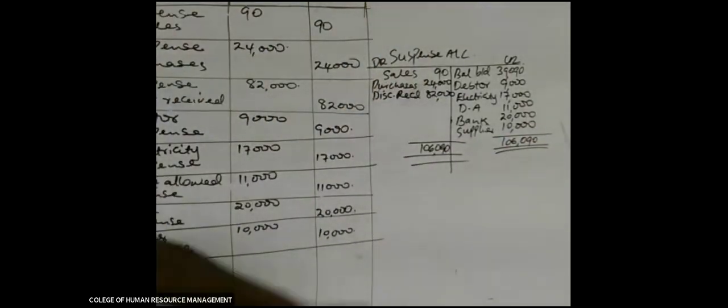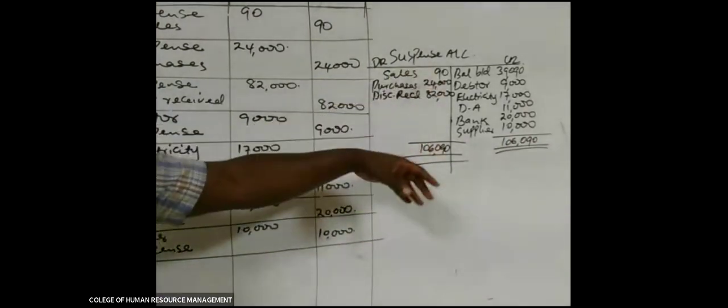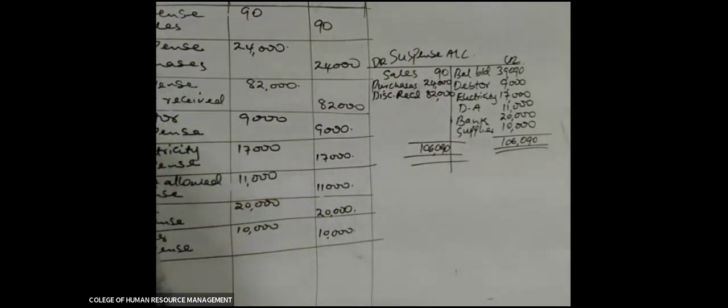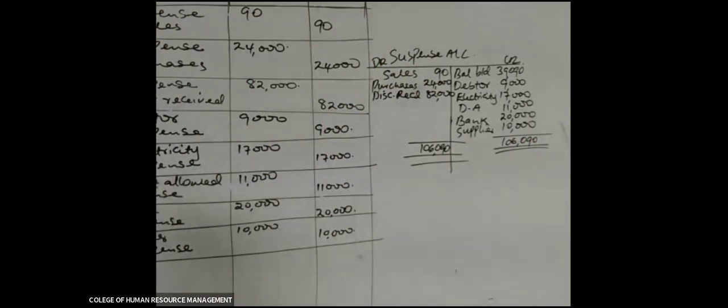And when it balances like that, this is a suspense account that is duly balanced, meaning that all errors were well identified and all those errors have been correctly rectified. And that is why the suspense account is self-balancing.